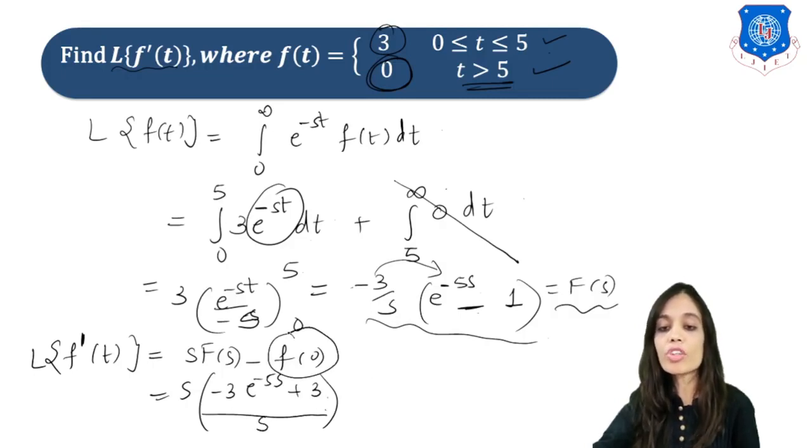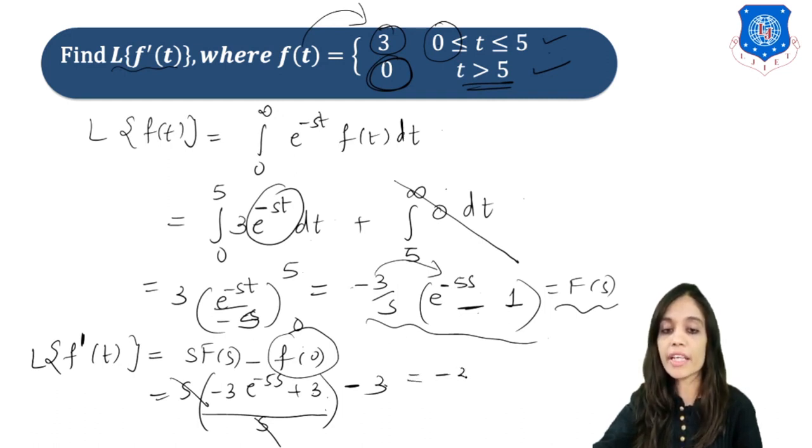Now you have to put the value of what? F of 0. You can see 0 is included in this sub-interval where the value of the function is what? 3. So minus 3. Now these two s will get cancelled out. 3 minus 3 also will get cancelled out. So your final answer is minus 3 e raised to minus 5s.